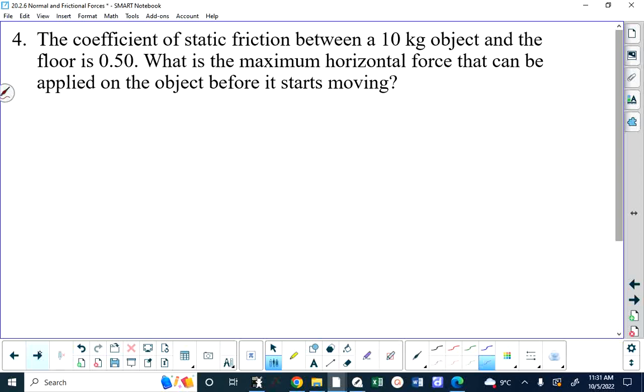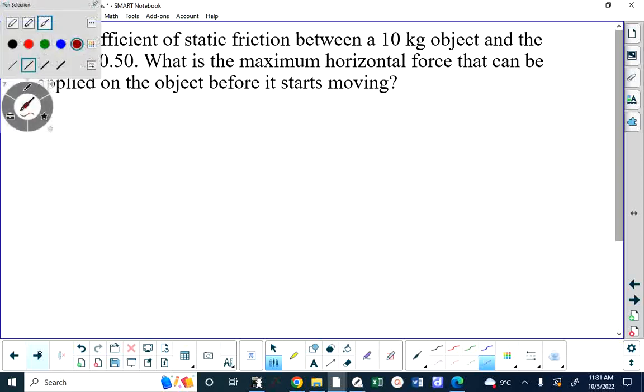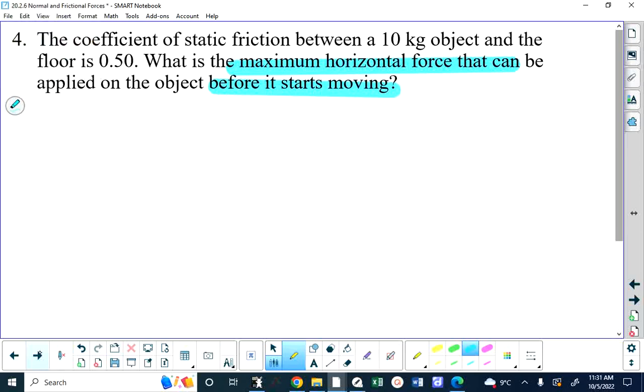If I want to know the maximum horizontal force that can be applied before it starts moving, I want to find the force of friction. Because if the force of friction is 49.05 newtons, which it is, then that's the maximum force I can push on it, and as soon as I hit that, then it starts moving.